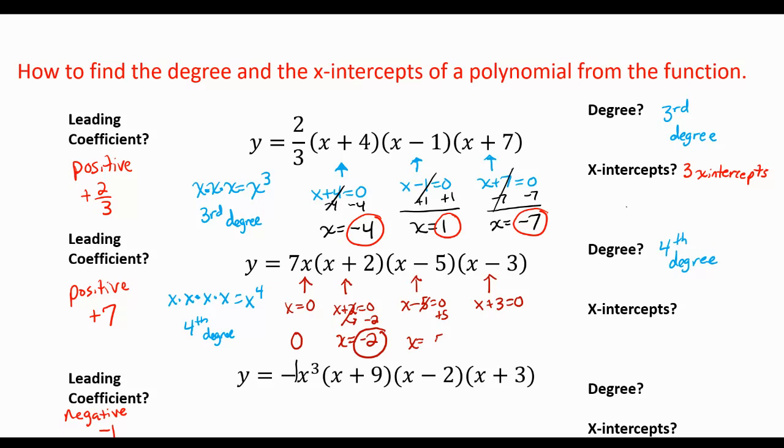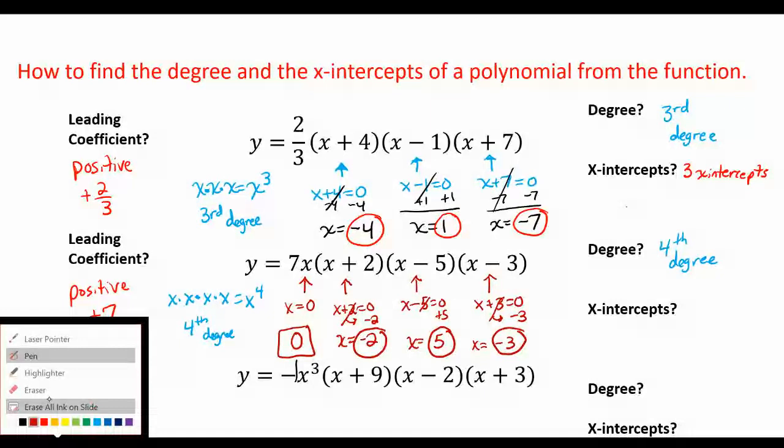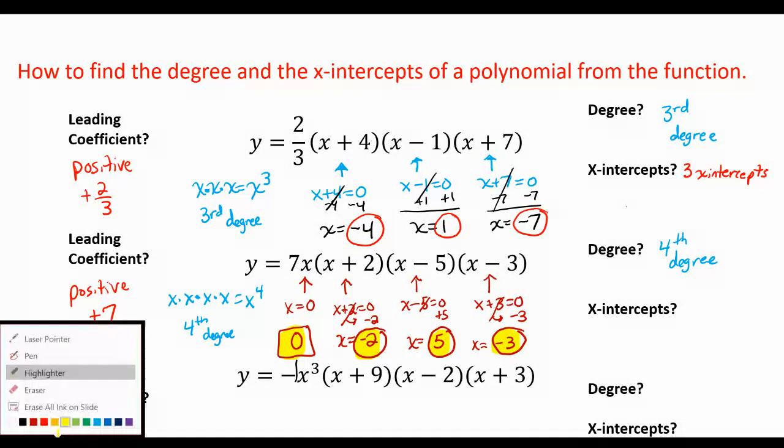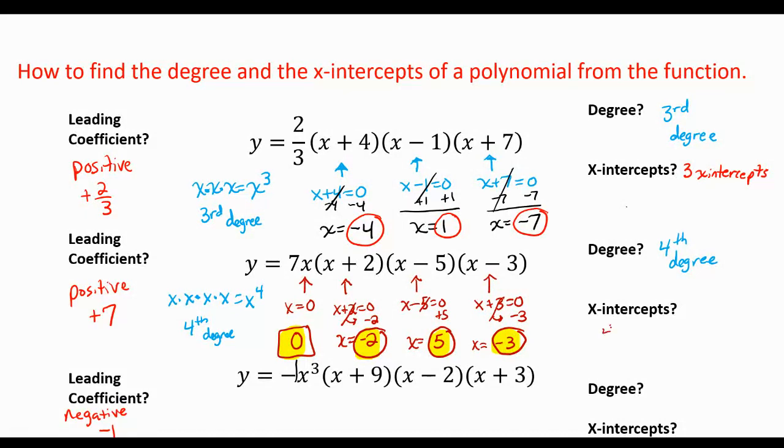So x would equal 5. This one, you would move the 3 over. So negative 3. So we have 4 x-intercepts, specifically 0, negative 2, 5, and negative 3.